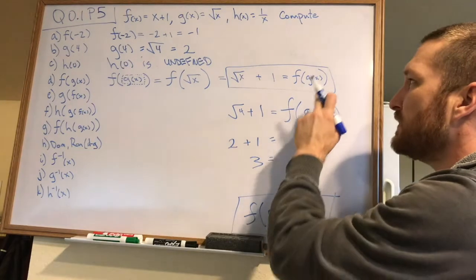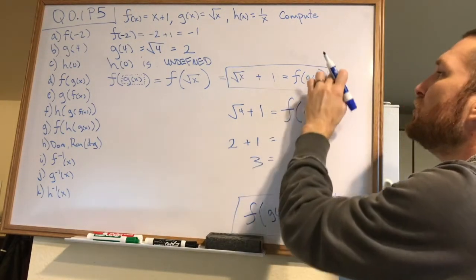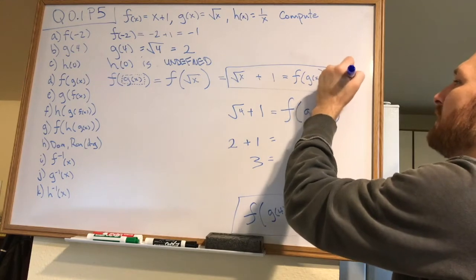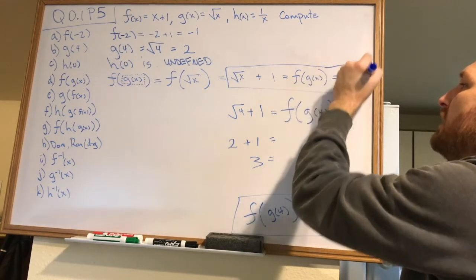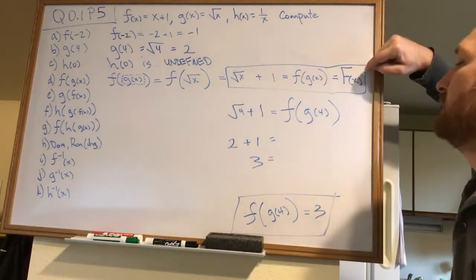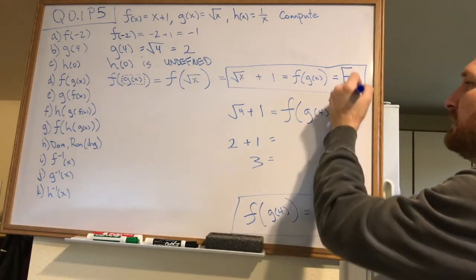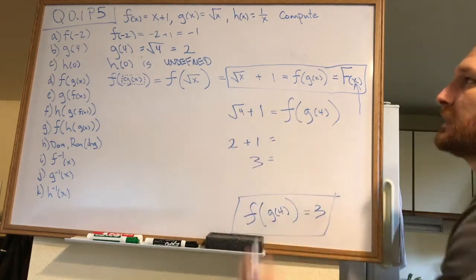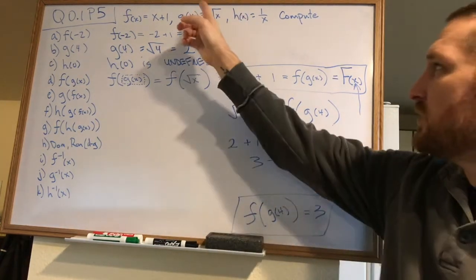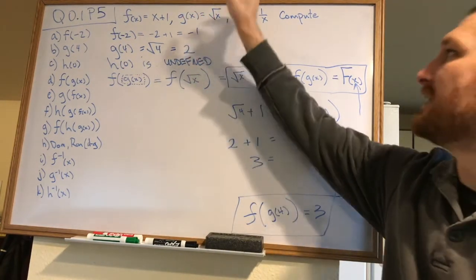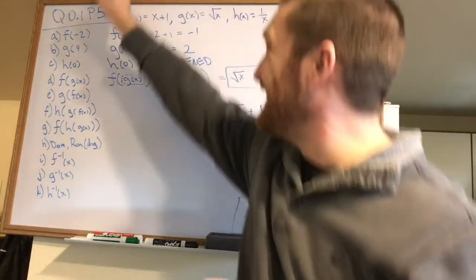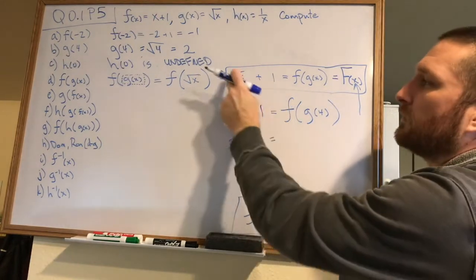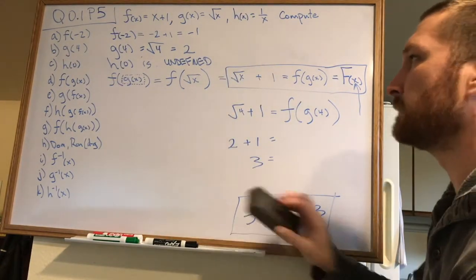Having this new function, maybe we give it a new name, maybe we call it big capital F of x. Now we have a function where you give me any input, x, and it does this thing to it. It's the same thing as doing g first, then taking that output and plugging it into f, but we have it in symbolic form. So that's all we're doing right there.